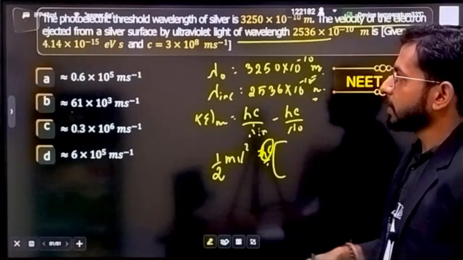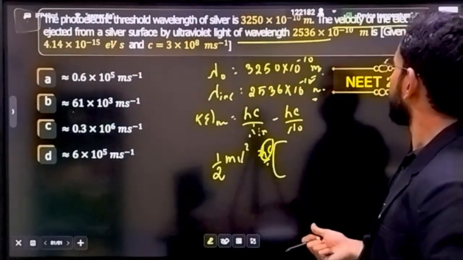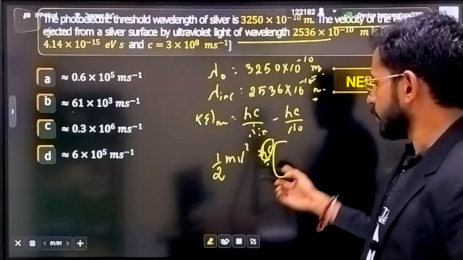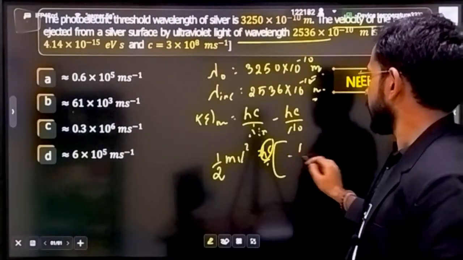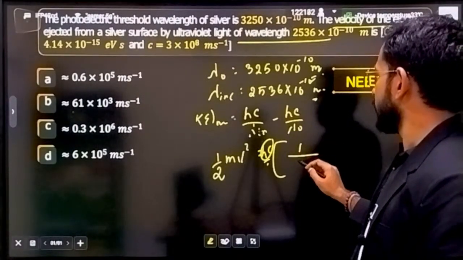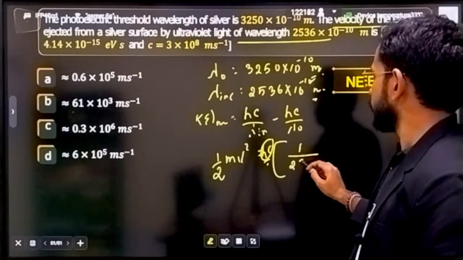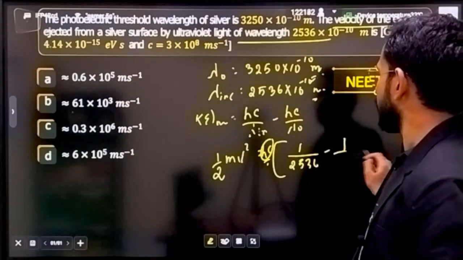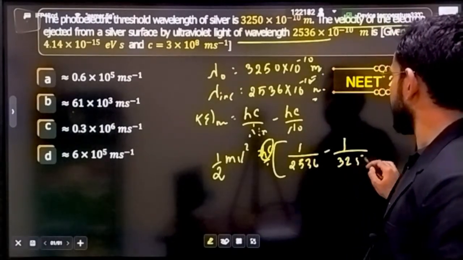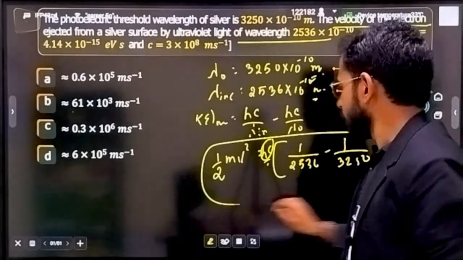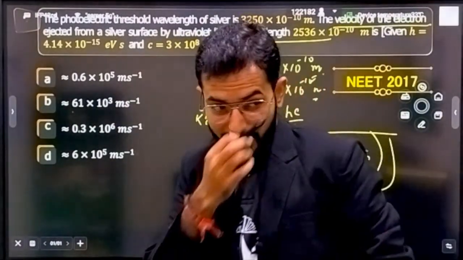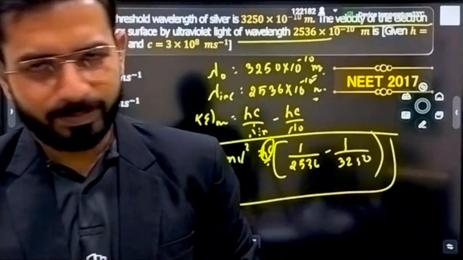I will say in terms of electron volts it will be better. Directly write 12400 times, and what remains for you is 1 by 2536 minus 1 by 3250. Do the calculation. Once you solve it, you will get the velocity.